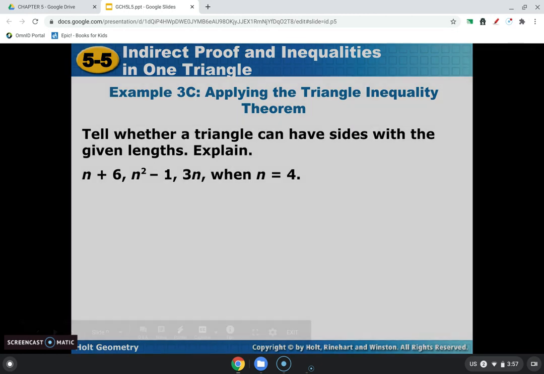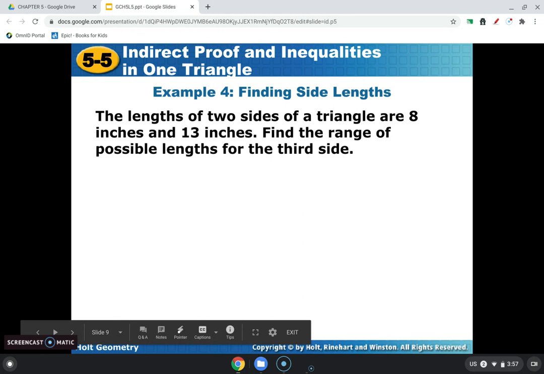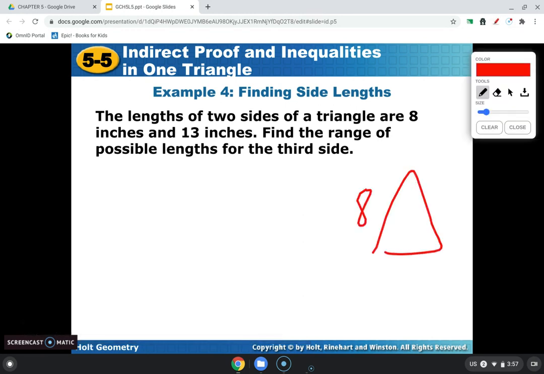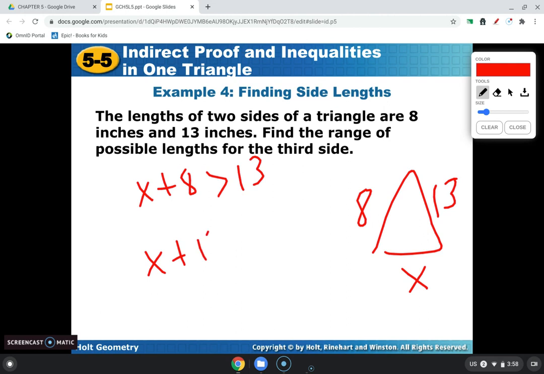The lengths of two sides of a triangle are 8 and 13. Find the range of the possible lengths of the third side. So you're going to set up your three inequalities. x plus 8 has to be bigger than 13. x plus 13 has to be bigger than 8.